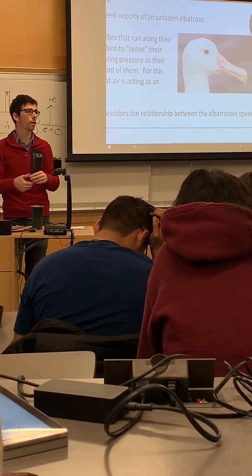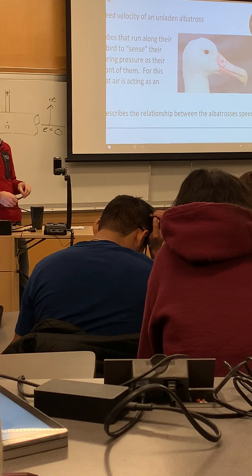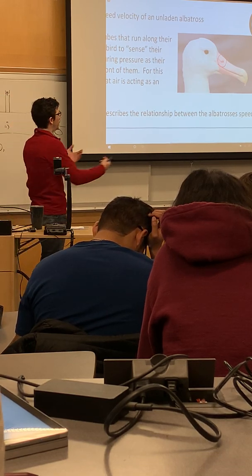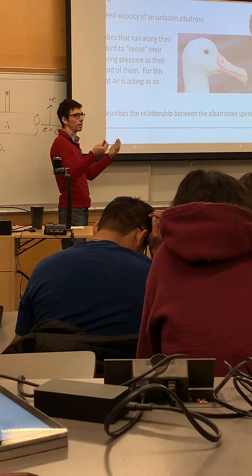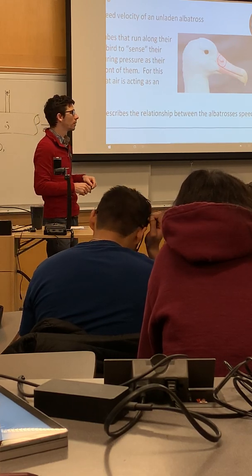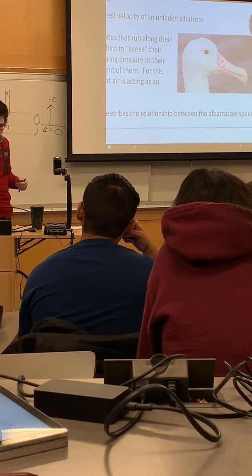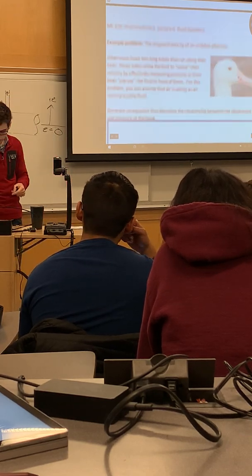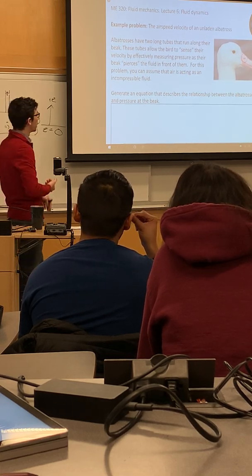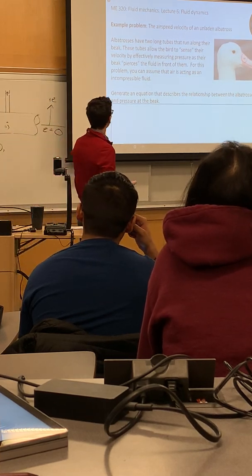The bird has evolved a biological stagnation tube that allows it to get a sense for the velocity of an incoming fluid, or its velocity relative to that fluid, right? So they can sense their velocity by measuring the pressure at the front of their beak.